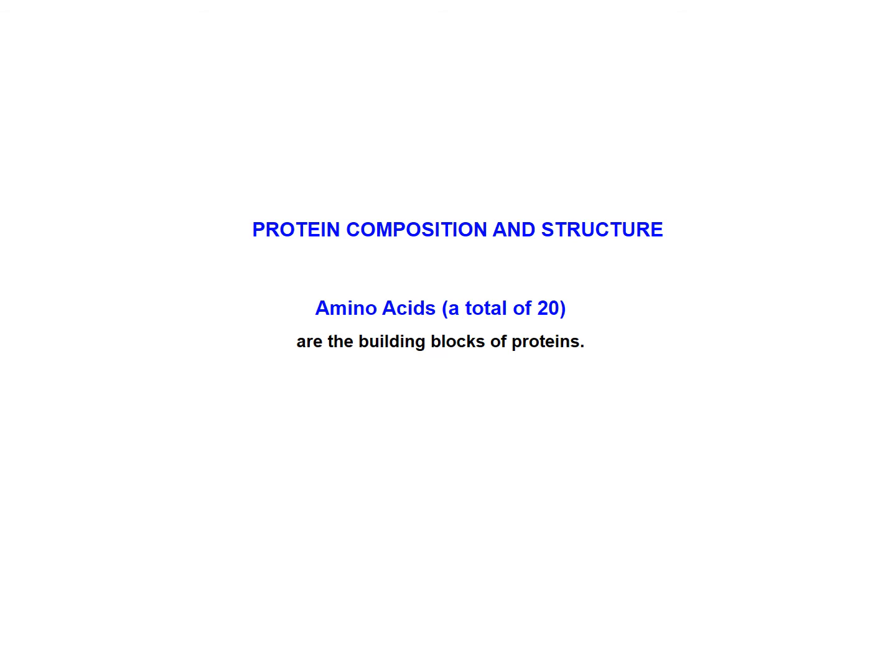Suffice to say, and let it be a good reminder, that amino acids, a total of 20, are the building blocks of proteins. It is a fascinating aspect that the smallest components of the structure of proteins, which are so important in biology and physiology, are 20 different amino acids.